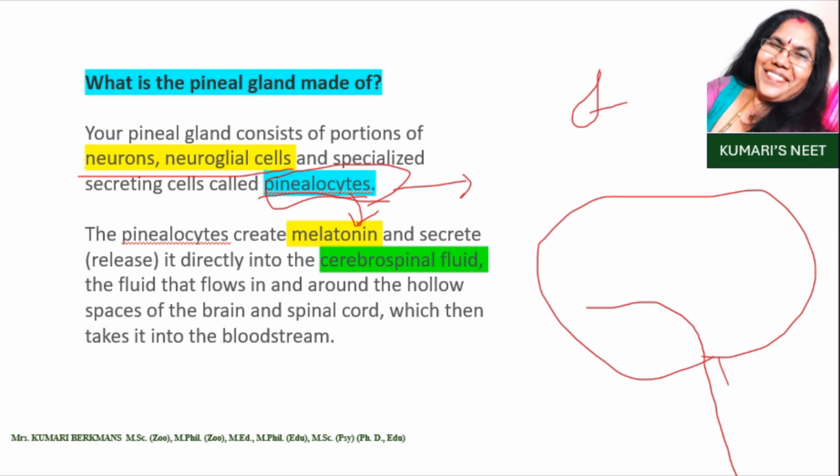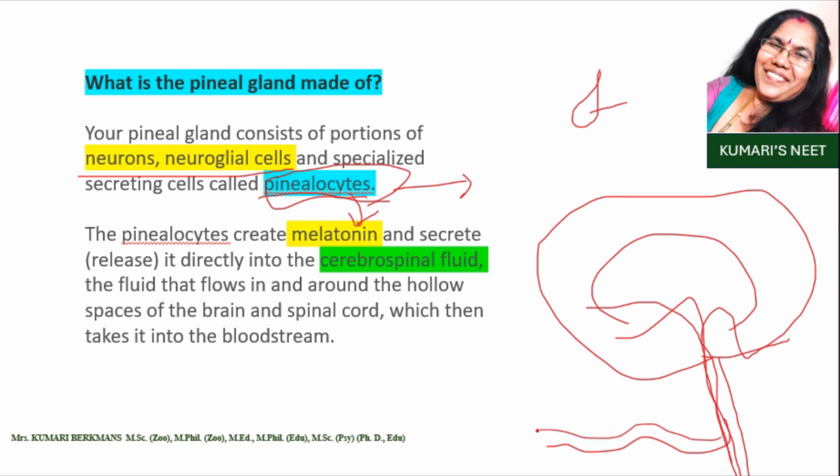Cerebrospinal fluid flows in and around the hollow spaces of the brain as well as the spinal cord. So it will be released into the hollow space as well as the spinal cord, and then from the spinal cord it is taken into the bloodstream. So this is the pineal gland and how the secretions go to different parts of the body.